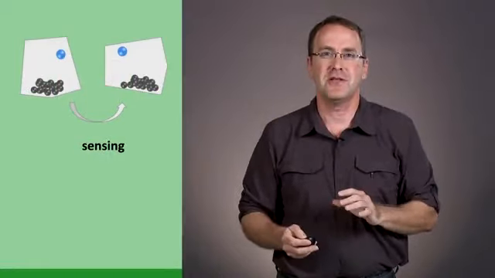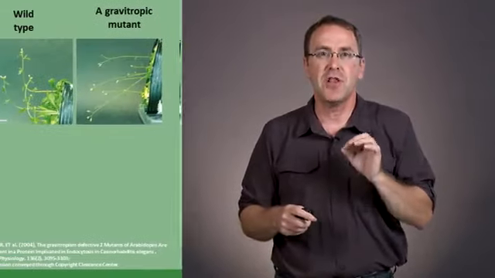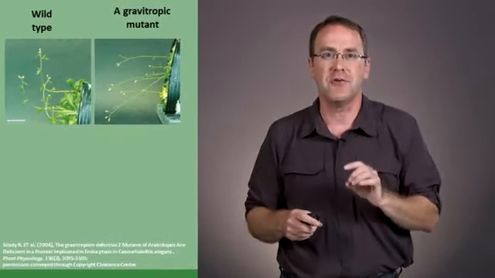The last approach I want to talk about is genetics. We saw in a few of our earlier lectures that we can utilize mutants in Arabidopsis to understand plant senses. And just like there are plants that are blind to light, scientists have isolated mutants that are agravitropic, mutants that have lost the ability to respond to gravity.